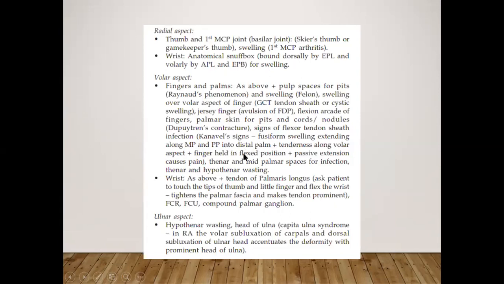So look out for Kanavel's sign. I'll show you a picture in the upcoming slides, and see whether the tendons are working. See whether there's any loss of the power of any of the tendons, like the flexor tendons. Okay, and see for wasting. Wasting can also be seen in leprosy, can also be seen when you have an ulnar nerve injury or prolonged disuse of the hand.